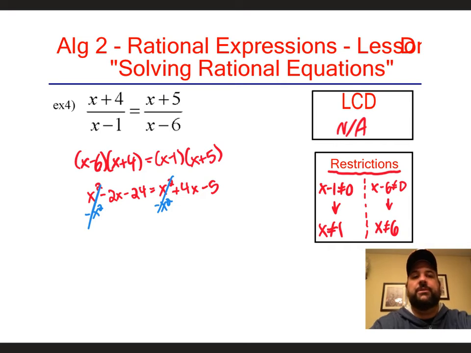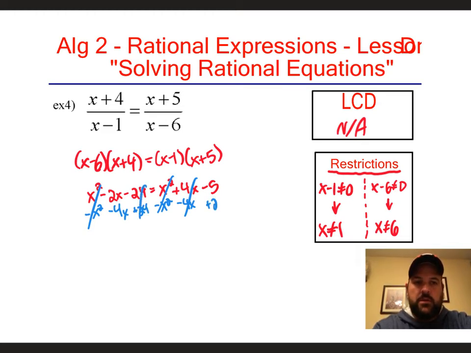I'm going to subtract the 4x over to the left. I'm going to add the 24 to the right. So now on the left-hand side, we have negative 6x equals, on the right-hand side, we would have 19.